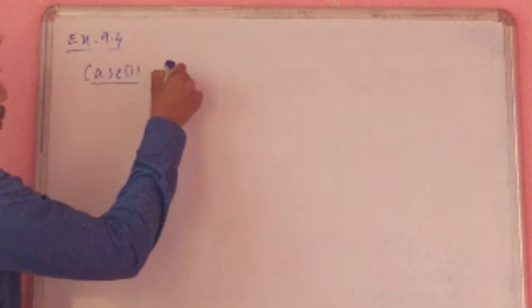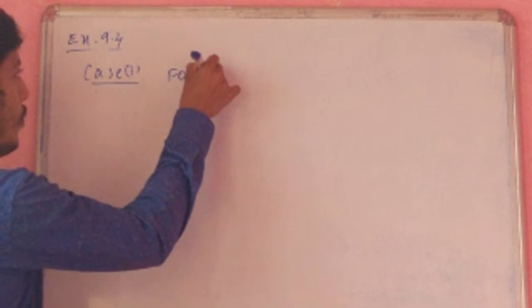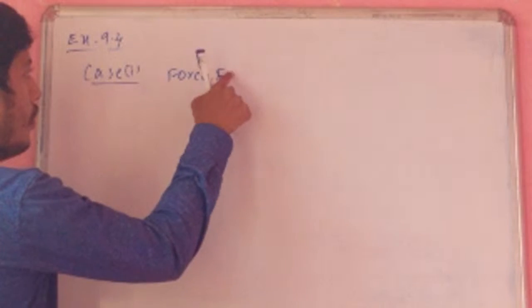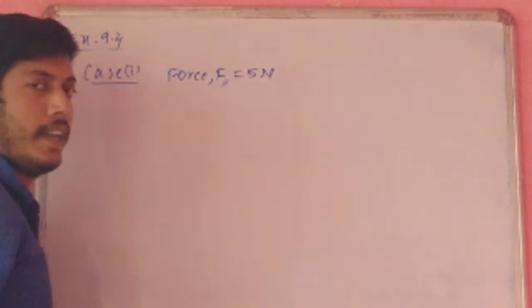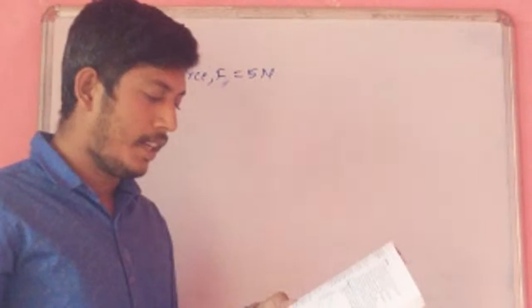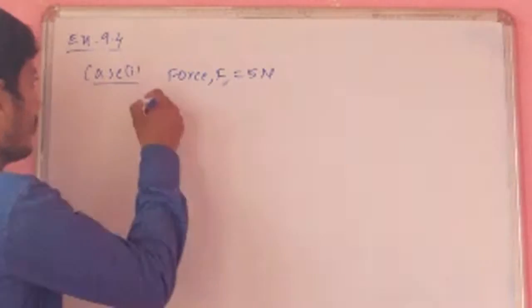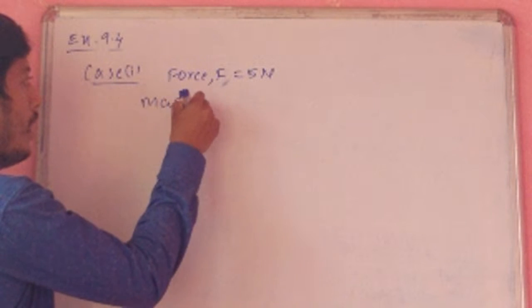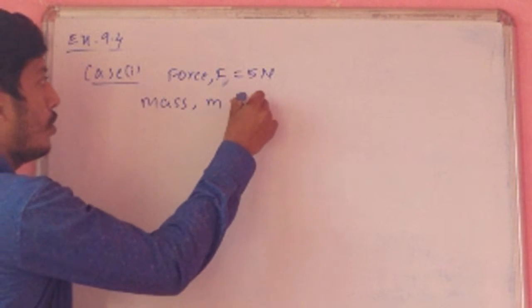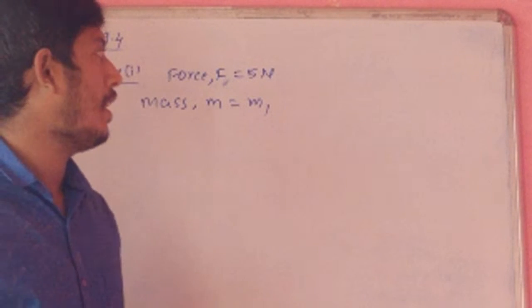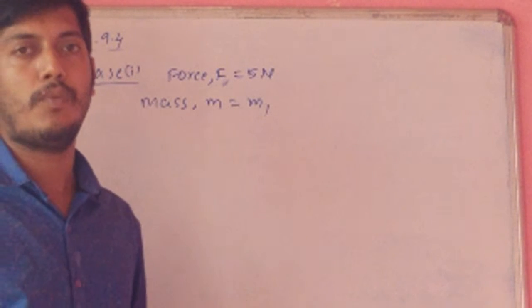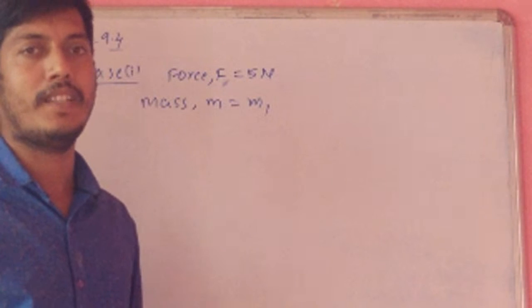Case 1, force F1, or directly I will consider F, equals to 5 Newton. Then in the first case, mass m, I will consider m. Okay, m is the symbol, and m1 is the value of mass in case 1.